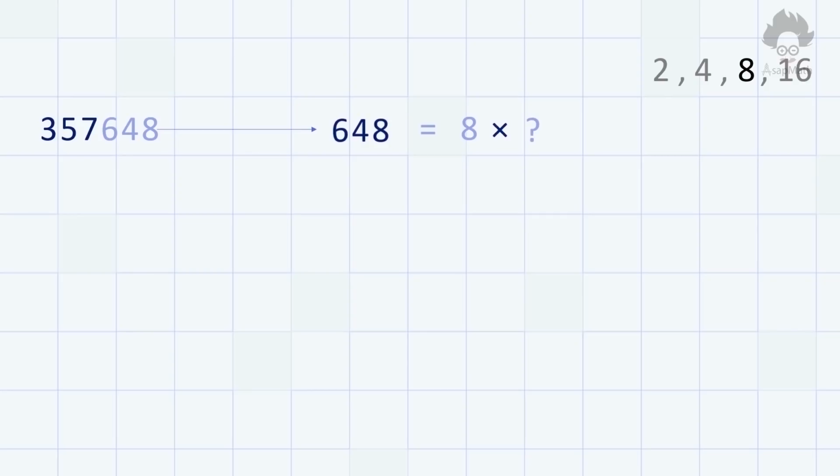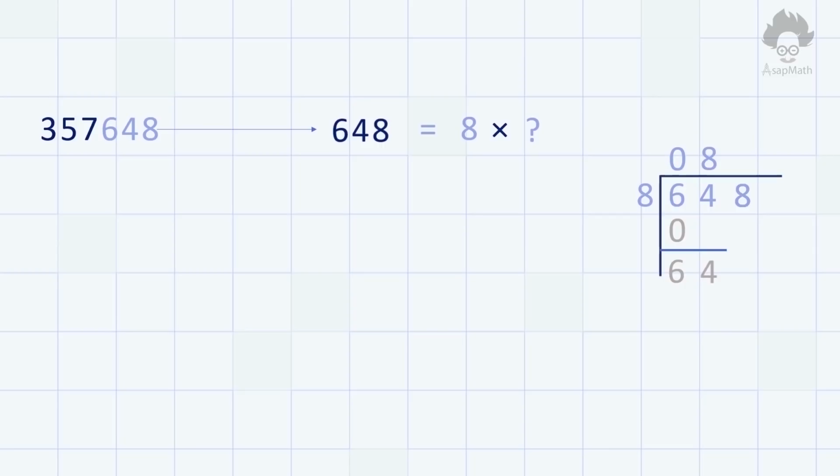To make it clear to you, we will use long division. The result shows that it is a multiple of 8, so we can decide the whole number is divisible by 8. We will consider another example.